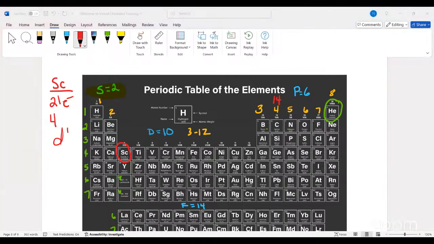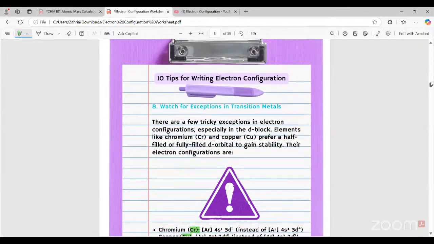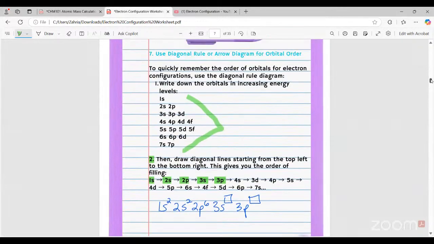I'm going to go back to this part right here. You see this chart, right? This chart tells you the order that you're going to go.